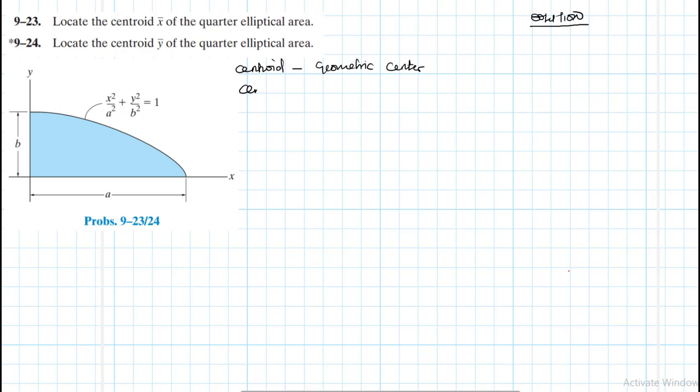So we have the centroid of a line, the centroid of an area, and the centroid of a volume, right?